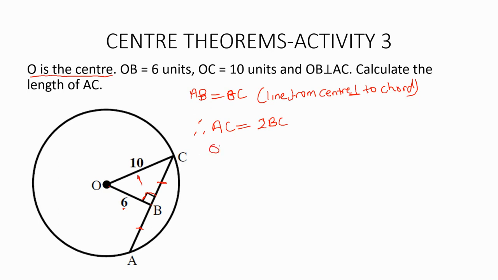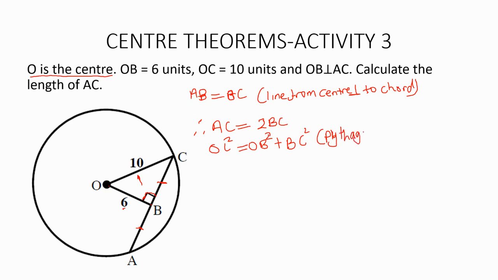So it's going to be OC squared is equal to OB squared plus BC squared. Why is OC squared equal to OB squared plus BC squared? Because of the Pythagoras theorem.